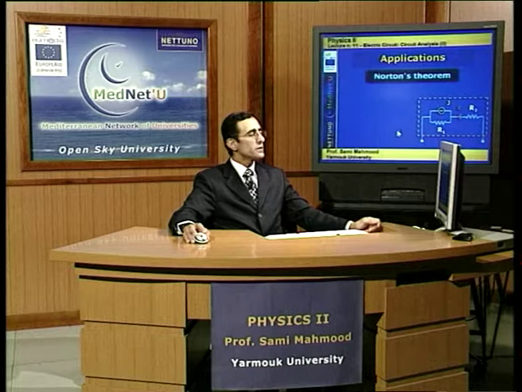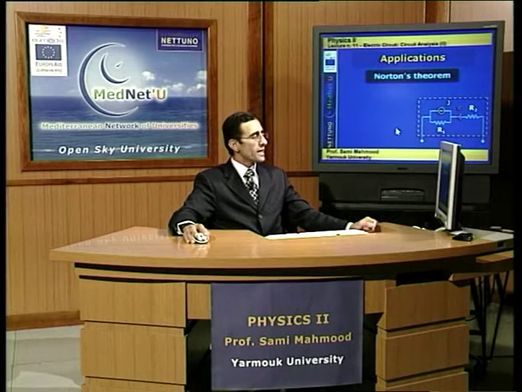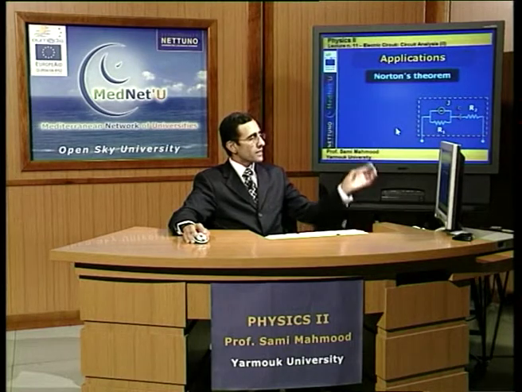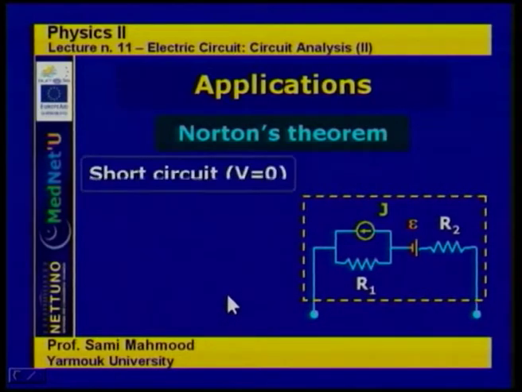And now we consider Norton's theorem applied to the same problem. Here we have the circuit in a box, and we consider that this box is equivalent to a Norton equivalence. In order to obtain the Norton equivalence, IN and RN, first of all, we short circuit these two terminals of the box. That means V is equal to 0.